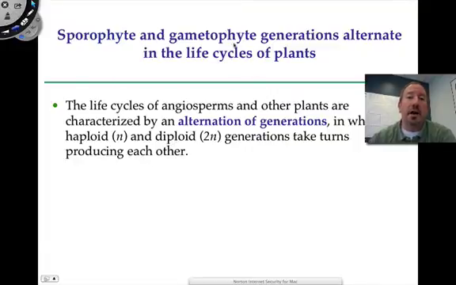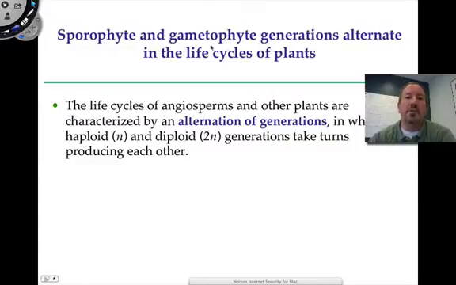The gametophytes are the particular cells of male and female that are haploid. In the male, the male gametophyte is the pollen, and in the female, it's the embryo sac, which is found inside the ovule, which is located inside the ovary. That may not be totally clear, but we'll get to that.